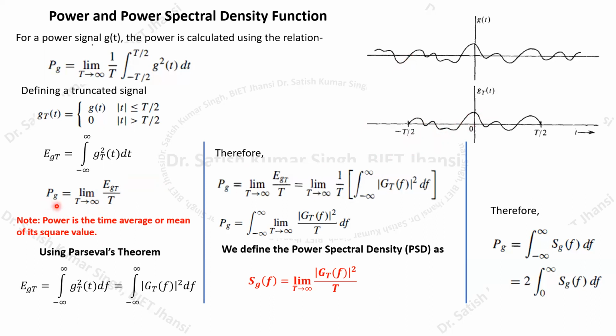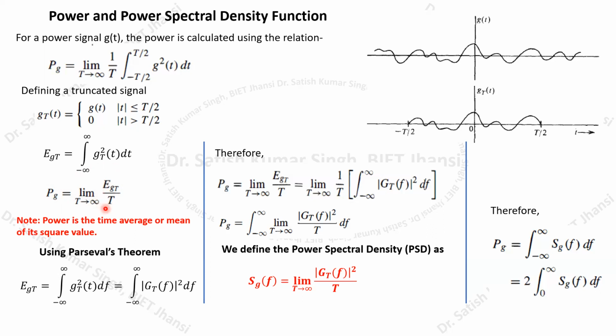So you can understand that this power is nothing but the time average of your energy. If you time average this energy over an infinite range, then you will be able to calculate the power. As we know, power is also defined as the energy per unit time, so here you are getting it as the time average of your energies, right?